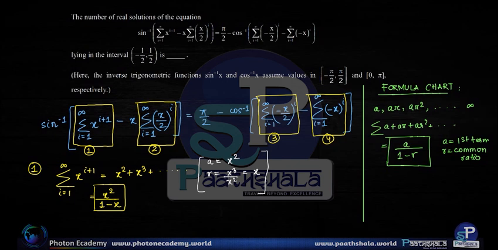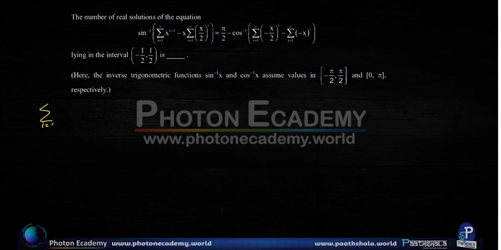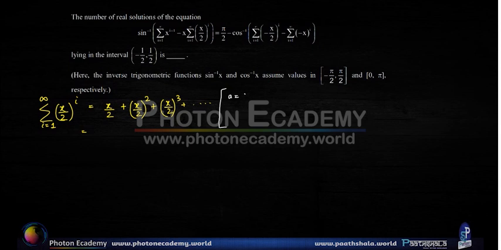We have the second term as summation i = 1 to infinity of x by 2 to the power i, which is equal to x by 2 plus x by 2 square plus x by 2 cube plus and so on. Here the first term a is equal to x by 2 and the common ratio is equal to x by 2.